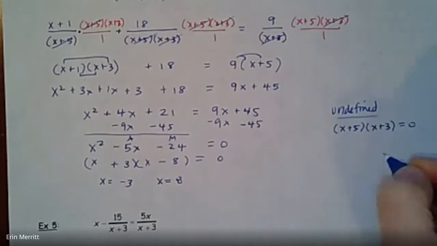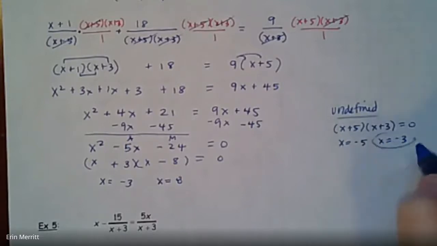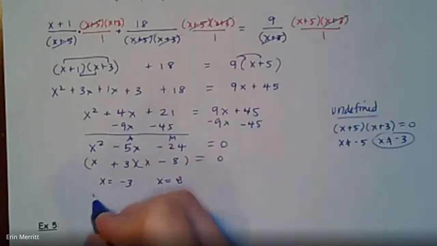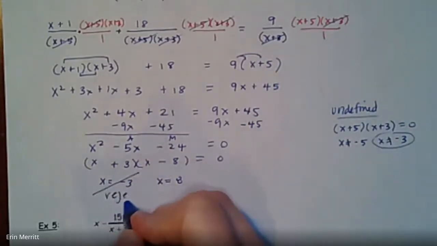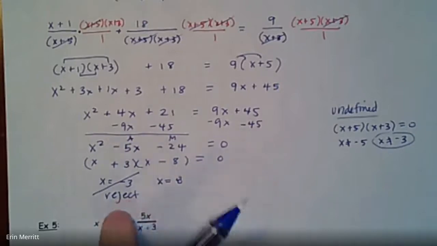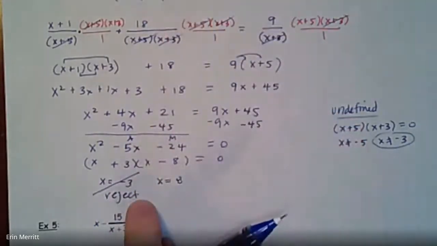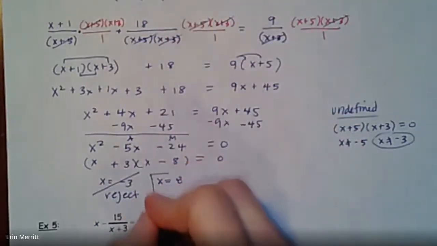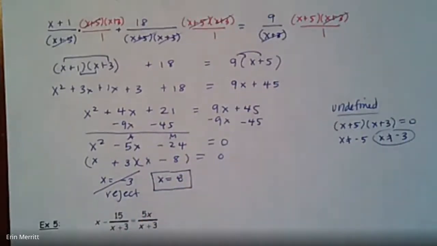Set it equal to 0. This will be undefined at negative 5 and at negative 3. Ooh, that negative 3 right there. We can't have these. So you actually have to reject this answer here because that would make the expression undefined. It won't make it equal. Only the 8 will make it equal there.